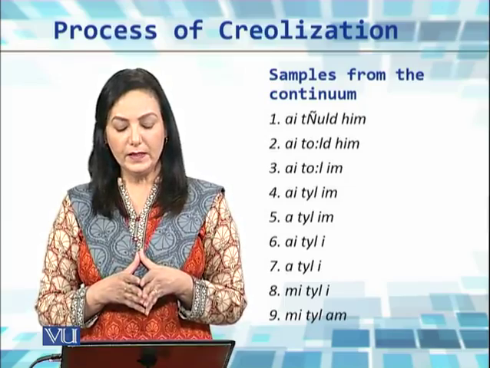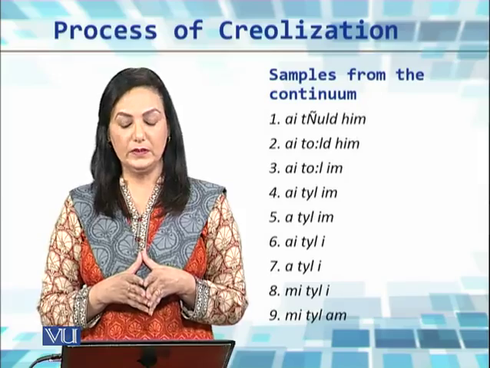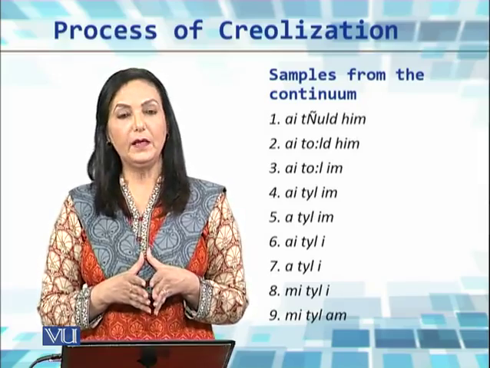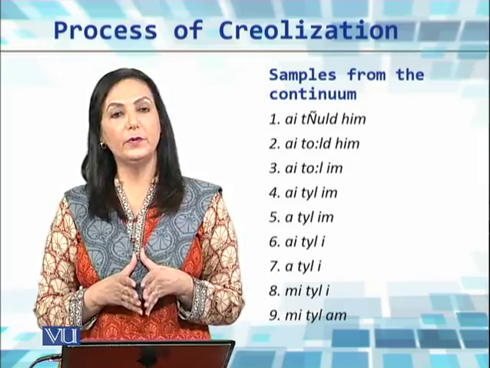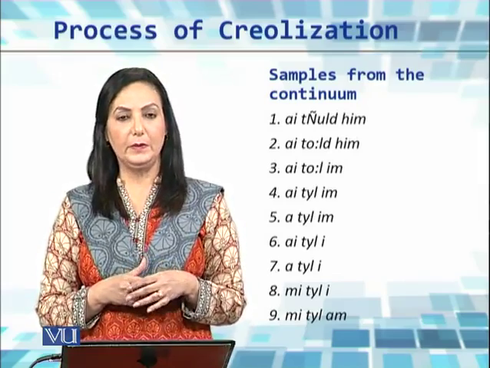So 8 and 9 are very different from 1, 2, and 3, as you can see for yourself, and they may not even be comprehensible or intelligible to the speaker of a standard language.